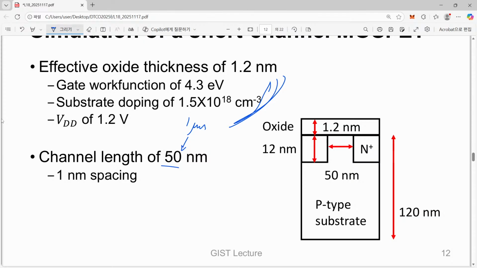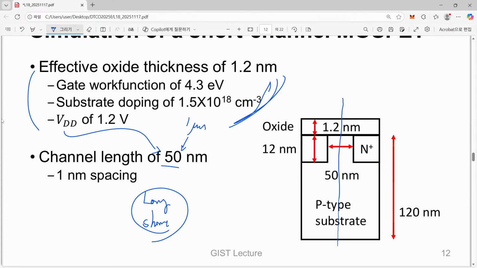But the concept of long or short is really related with technology. In this technology, 50 can be regarded as short. In our FinFET case, if we make a 50 nanometer long FinFET, then certainly it will be a much longer channel device. So it really depends on what determines short or long.